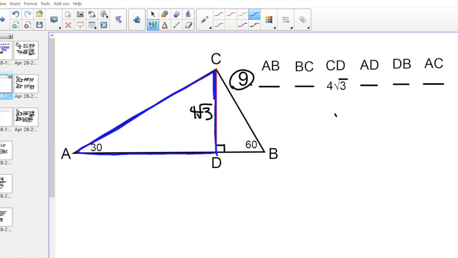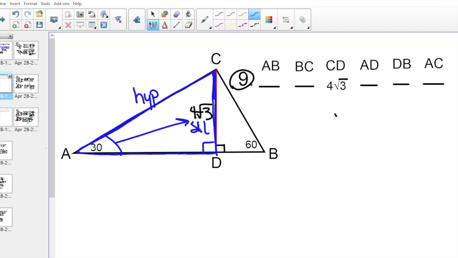That's the 30-degree angle, so what would you name this side? In the blue, it is the shorter leg. And this is a right angle, so in the blue, this is the hypotenuse.